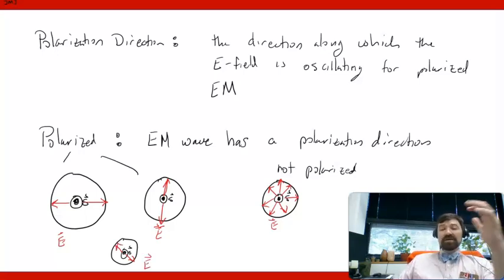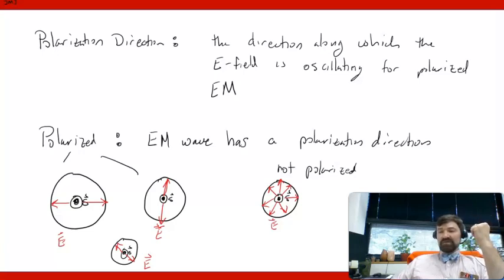It's only if I'm measuring multiple axes along which there is electric field that it is non-polarized. Or put differently, if there's no axis along which the field falls to zero, then it's not polarized.